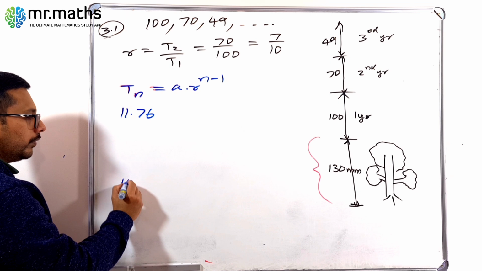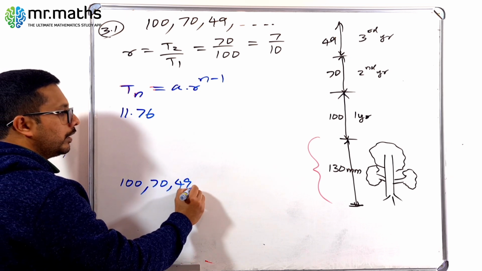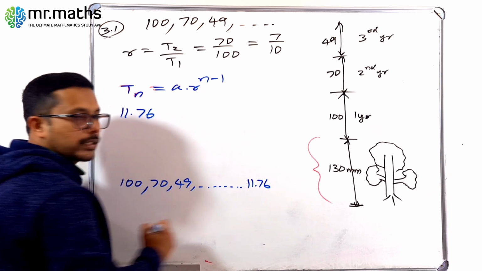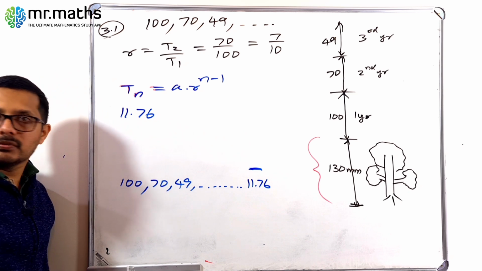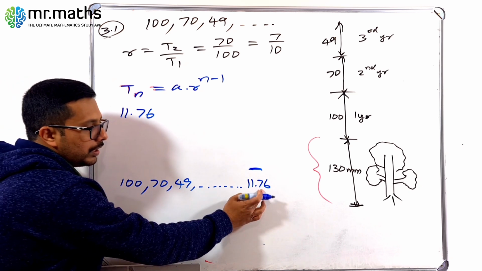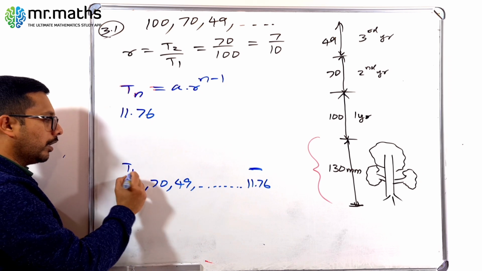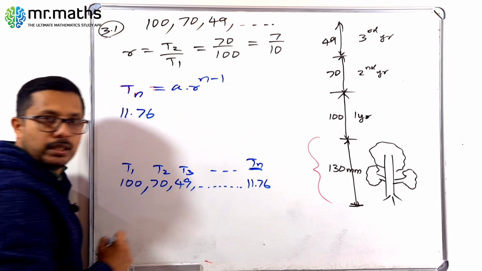We can understand it like this: 100, 70, 49, and so on, up to 11.76, and you have to find on which year that 11.76 occurs. So this 11.76 you have to consider as Tn. This is T1, this is T2, this is T3, and so on, this is Tn.